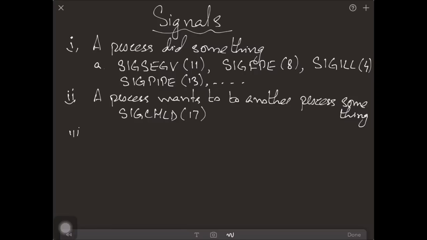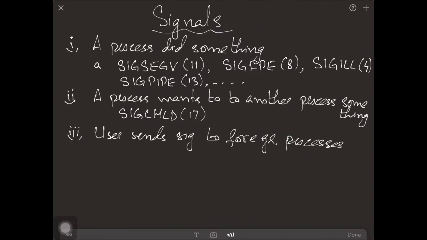At times, the user tries to send a signal to a foreground process using a keyboard combination. When a user presses Ctrl plus C, it basically sends the SIGINT signal to the foreground process.